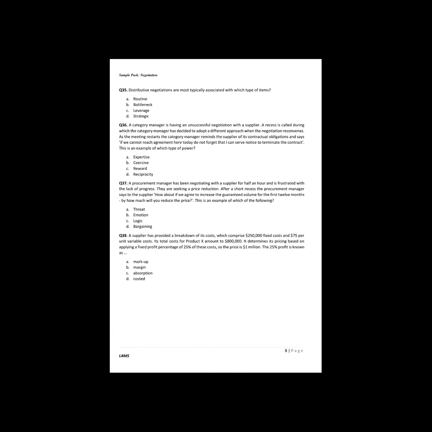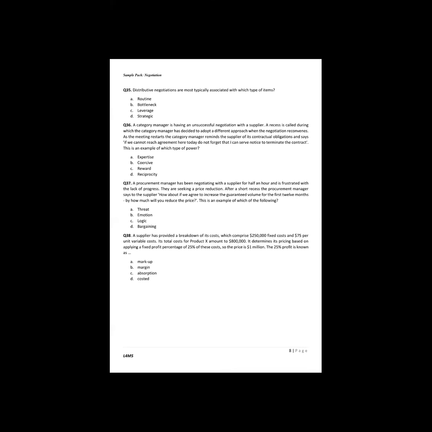Question 37. A procurement manager has been negotiating with a supplier for half an hour and is frustrated with the lack of progress.